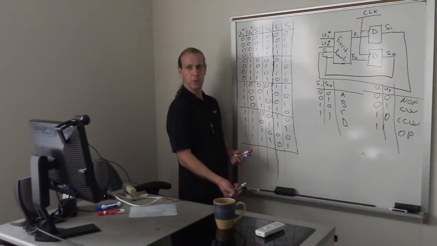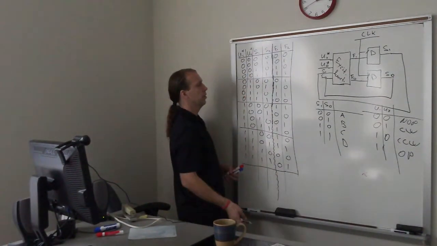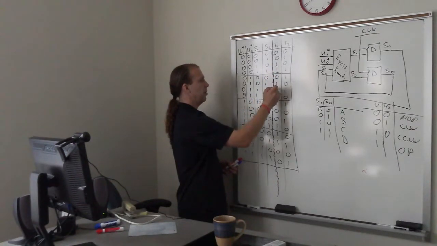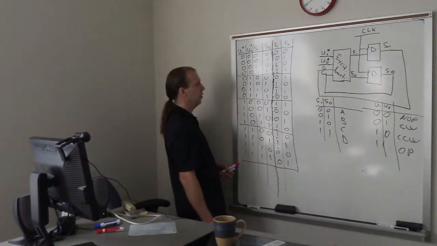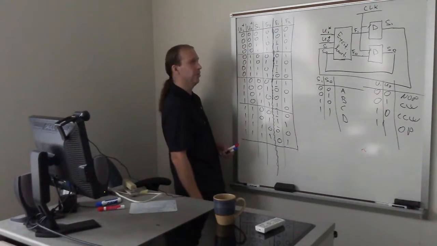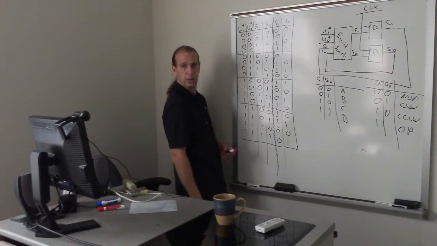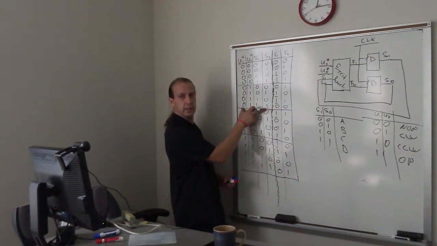If we do not optimize it, we just say my function f1 will be equal to 1 here, here, here, here, here, here, and here. So there are 8 terms for f1, and each term has 4 variables.